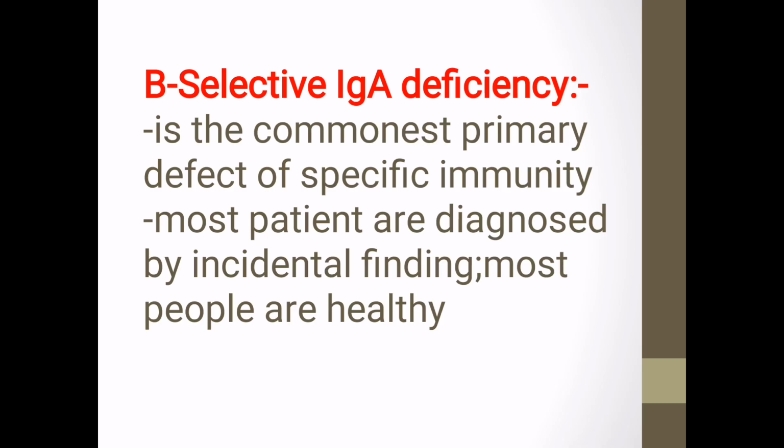So the commonest primary immune deficiency is selective IgA deficiency. Most patients are diagnosed incidentally, so it is asymptomatic. Selective IgA deficiency is asymptomatic. Most patients present or are diagnosed incidentally. They are healthy.